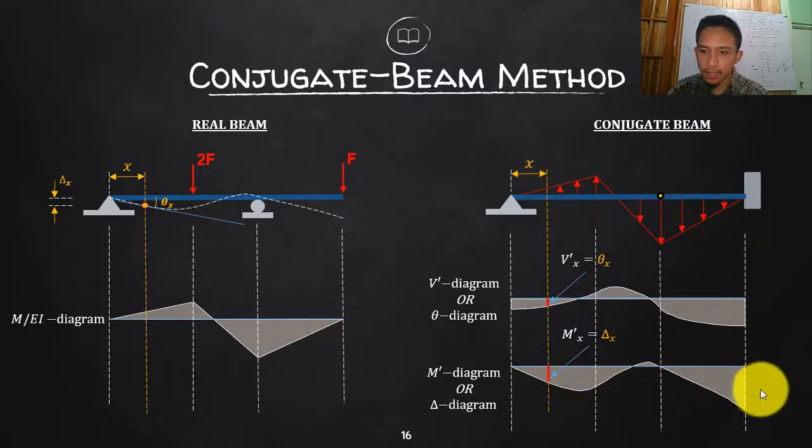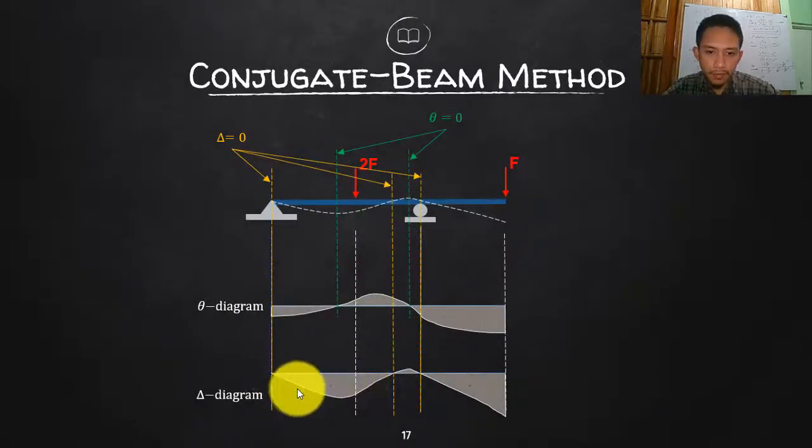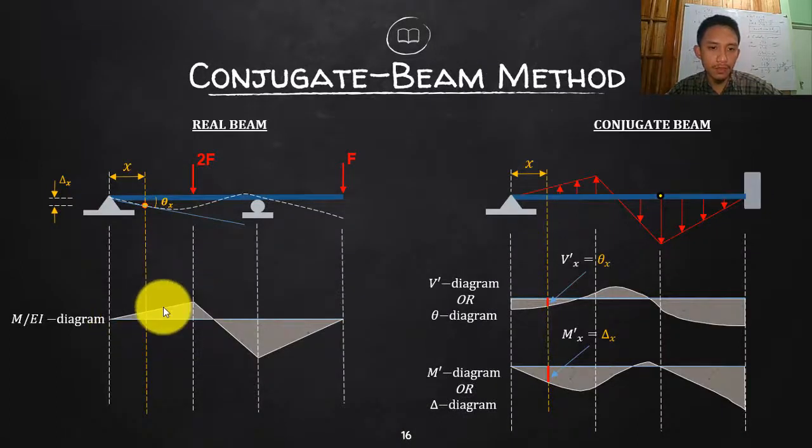So the shape is the same, but inverted. You will not follow the actual shape of your delta diagram as the shape of your elastic curve. That is the reverse if you use the different assumption of the loading.